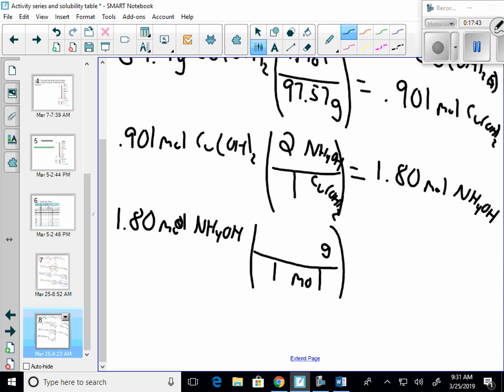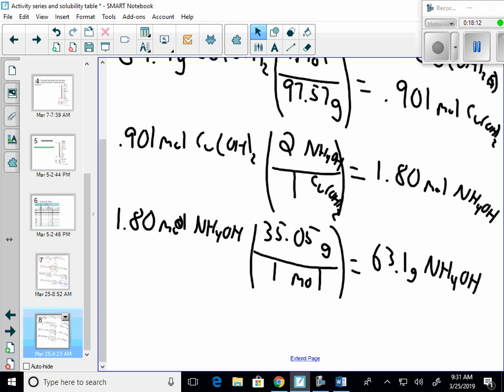If I add up the mass of 1 nitrogen, 4 hydrogens, 1 oxygen, and 1 hydrogen, that would give me a conversion of, I think I have 35.05 written down. Which would give me 63.1 grams of ammonium hydroxide as my final answer.